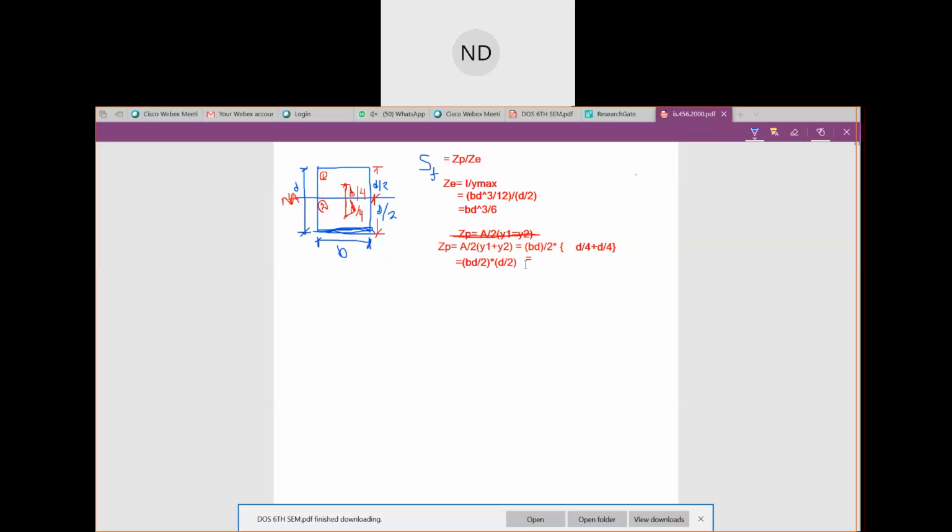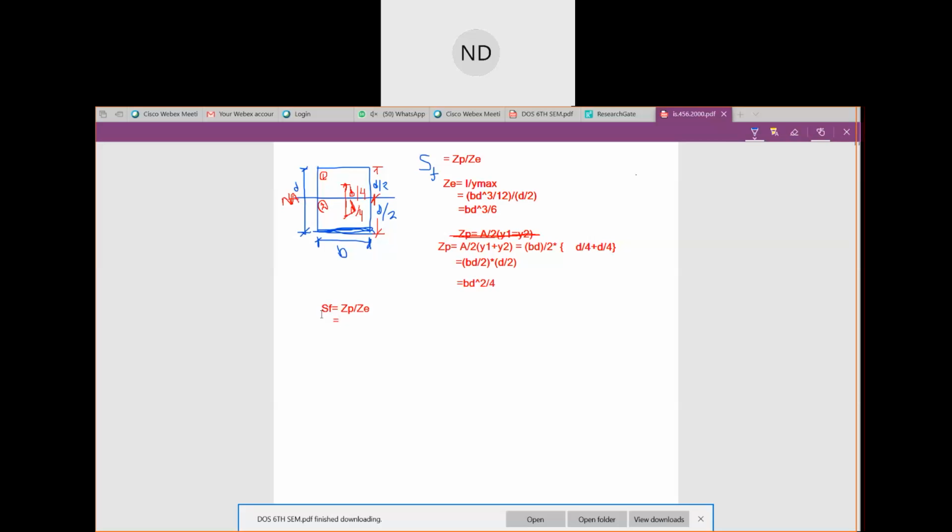So now you see here, this is BD by 2 into d by 2, so that is your BD square by 4. Now we got our ZP to be BD square by 4. So we have calculated our ZE and ZP, so we can definitely find out our SF, the shape factor. ZP by ZE, right?